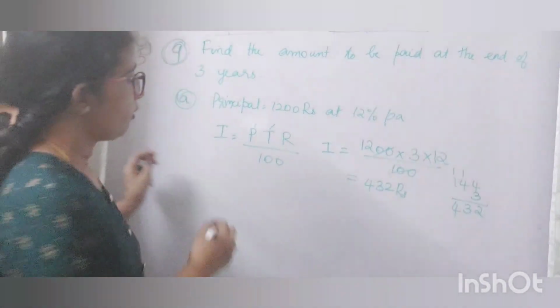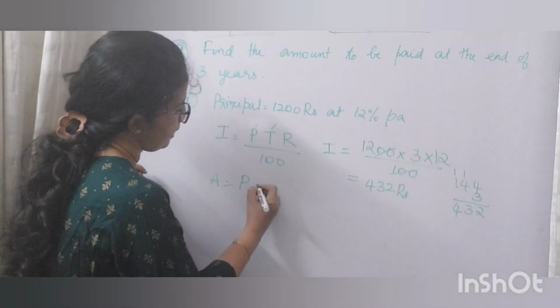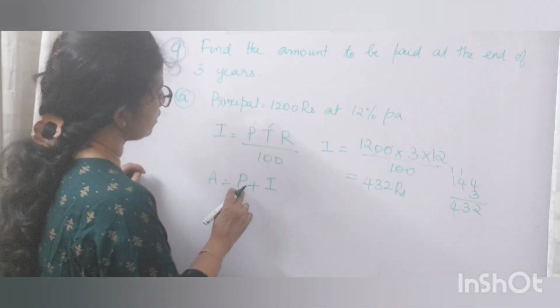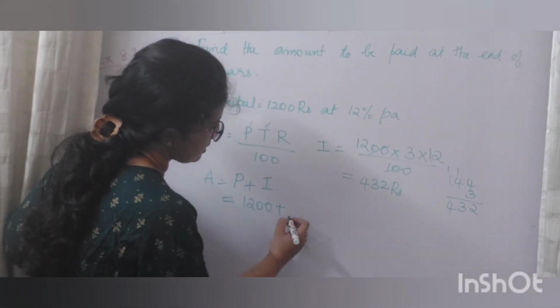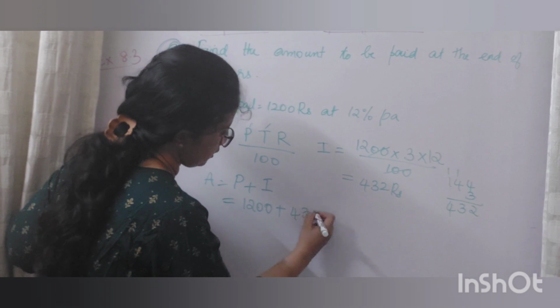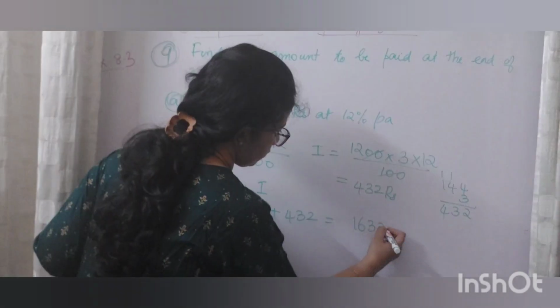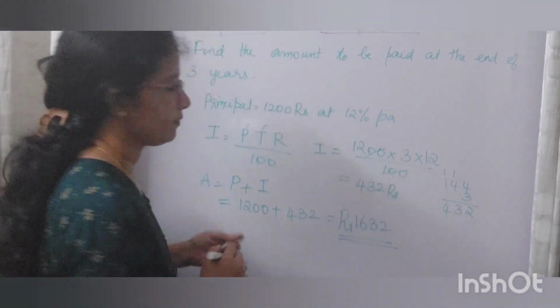So amount is equal to principal plus interest. Which is equivalent to, what is principal? 1200 plus what is interest? 432, which is equivalent to 1632 rupees is the answer.